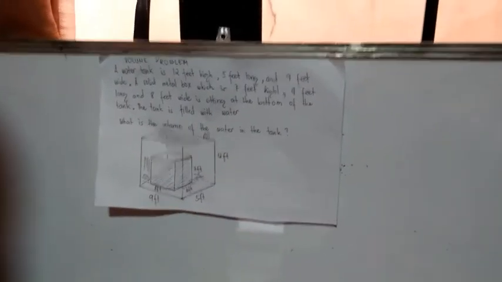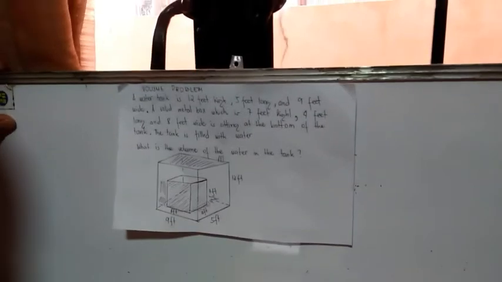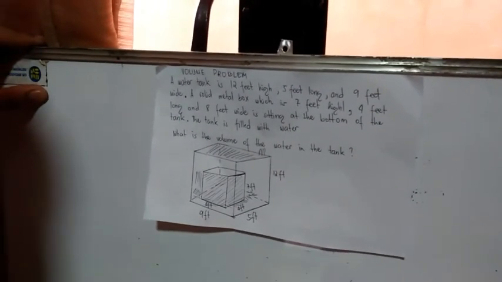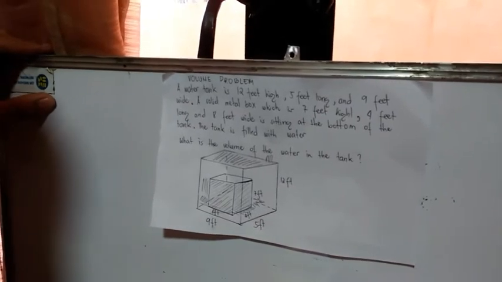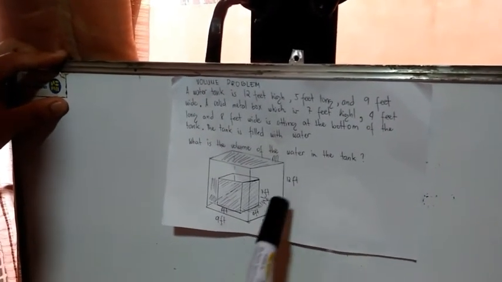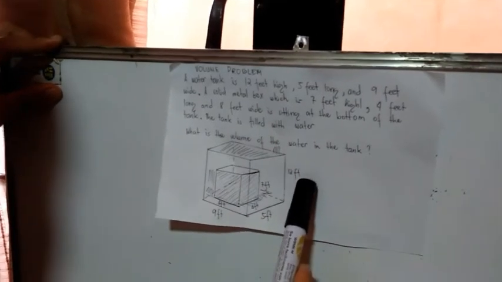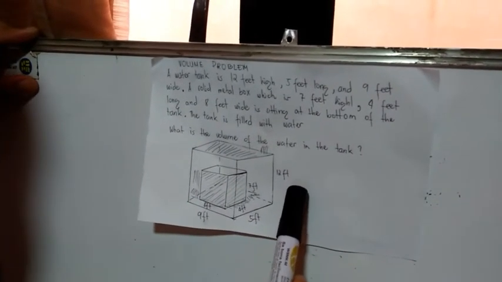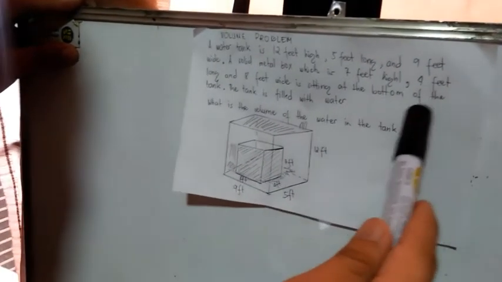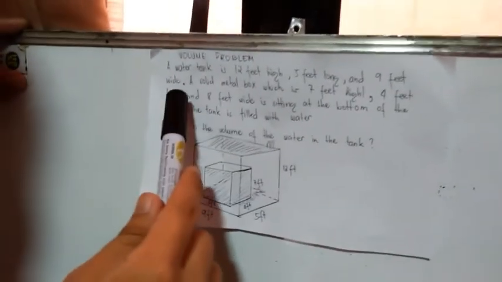As a continuation, this is our last problem to solve. This is a volume problem. A water tank is 12 feet high, which is our height, then 5 feet long, and 9 feet of width.